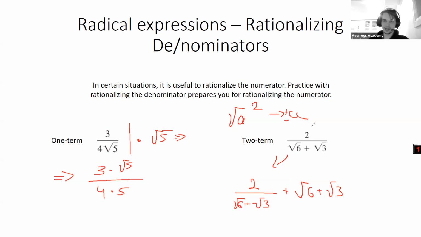Sorry guys, it's just equal to a. And here we also want to transform the square root of 6 and the square root of 3. One convenient formula that we should remember here is the difference of squares. Remember, a square minus b square equals a minus b times a plus b.